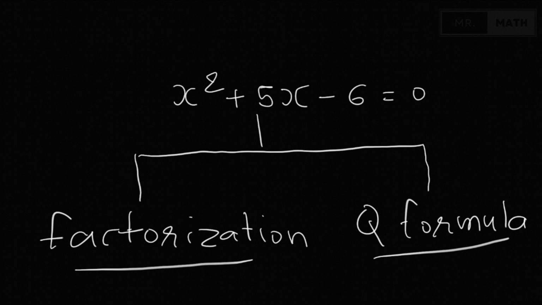The name is big, but the idea is small and simple. So, factorization and quadratic formula. What are these two things? Let's start with factorization. These two are the methods to find the roots of any quadratic equation. There is no big deal in this.